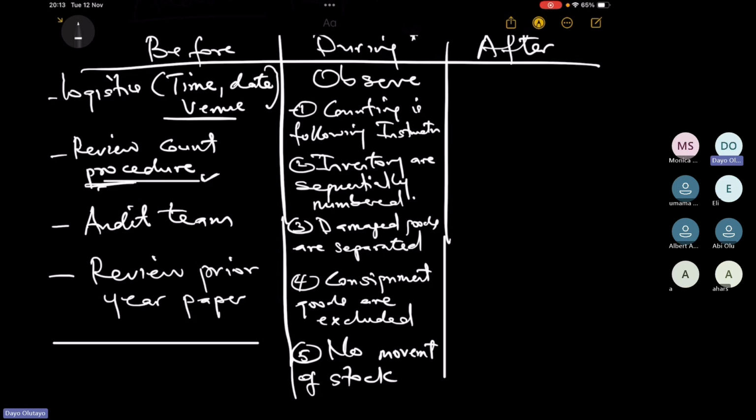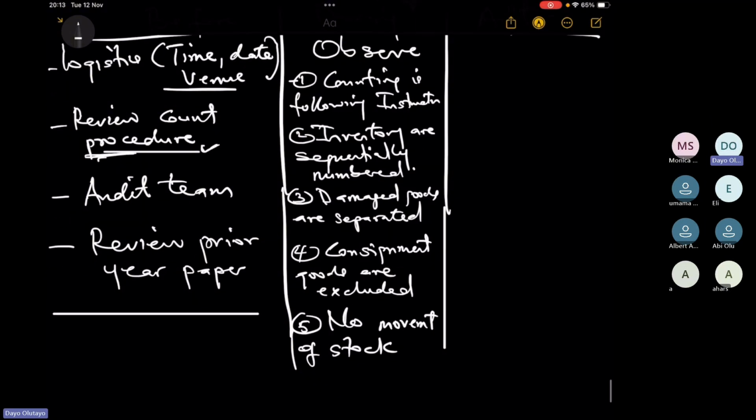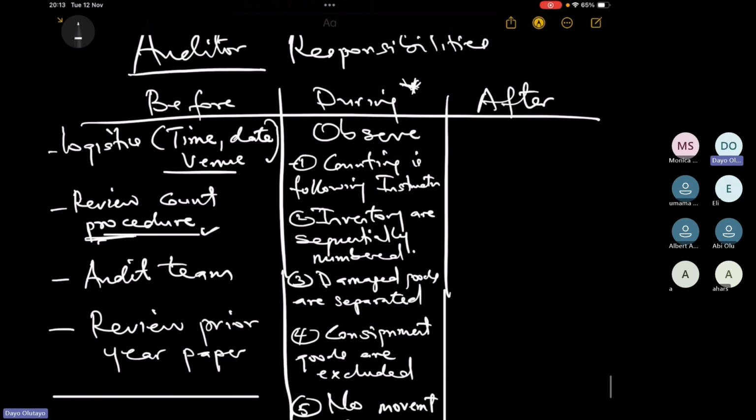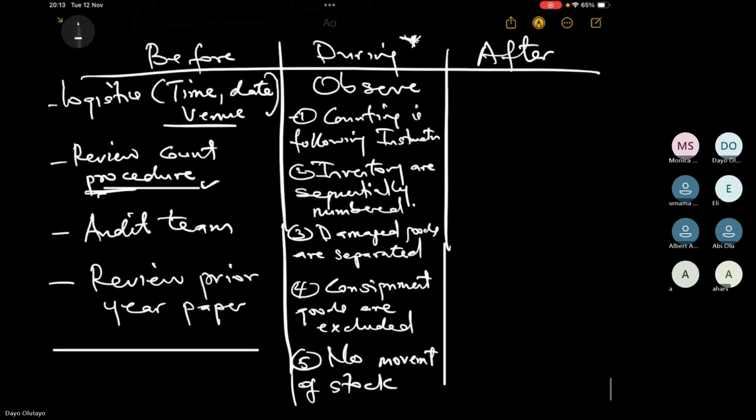So no inventory must be moving when we are doing inventory count. It is prohibited. Because once you do that, then you are giving room for double counting. So you have to also be watching that as an auditor during the count to be sure that nothing is moving.